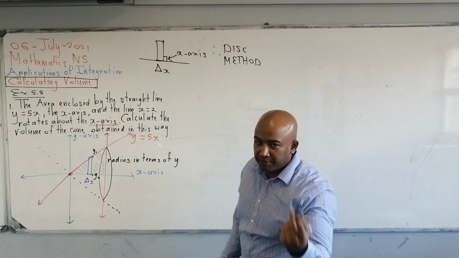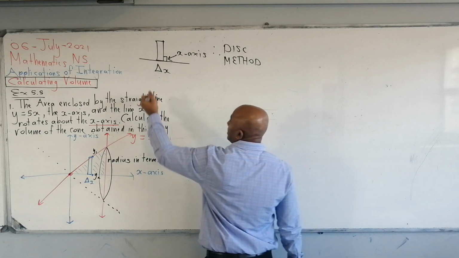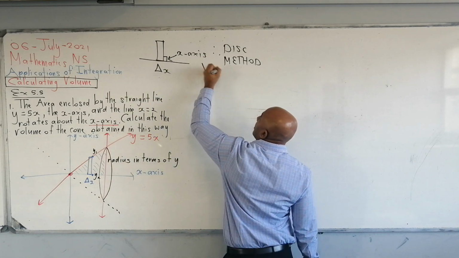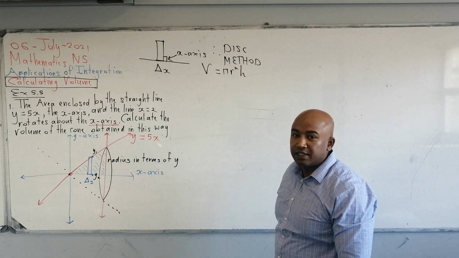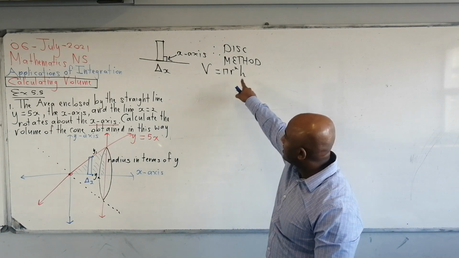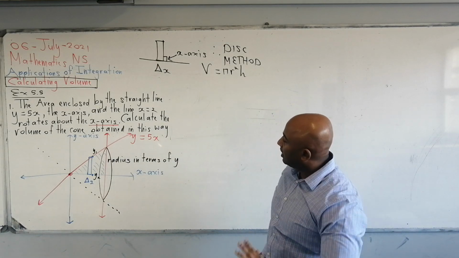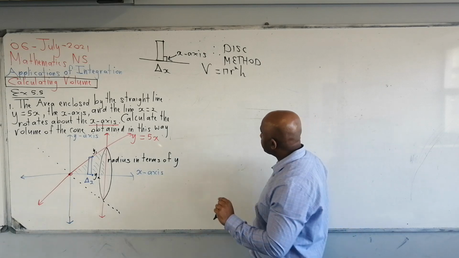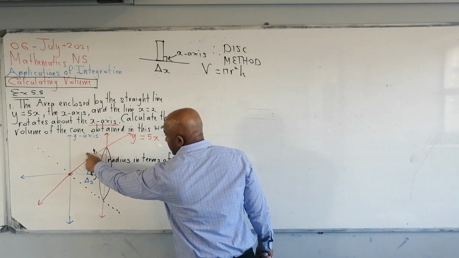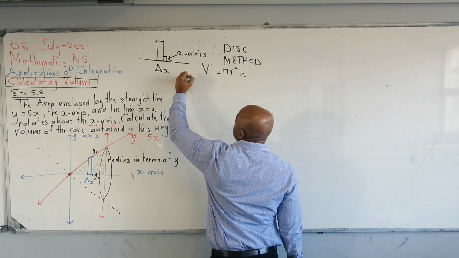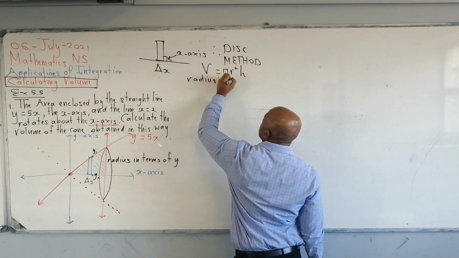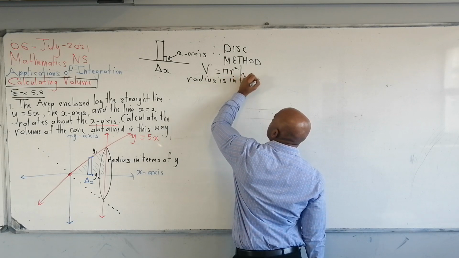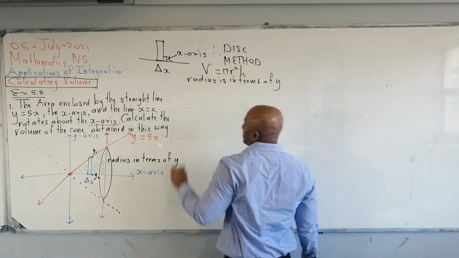Now, what is the disk method? I'm repeating what I just did. Disk method is pi r squared h. That is the disk method: area of base times perpendicular height. Now, what do we know? We know that our radius is in terms of y.